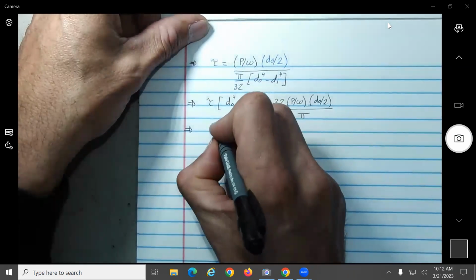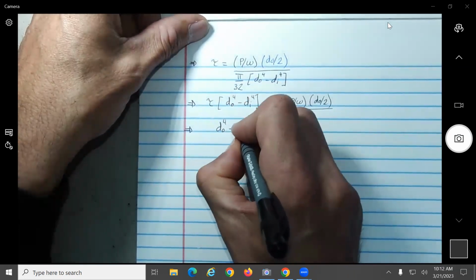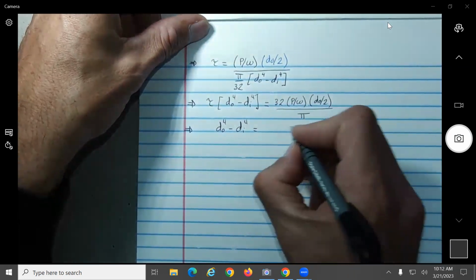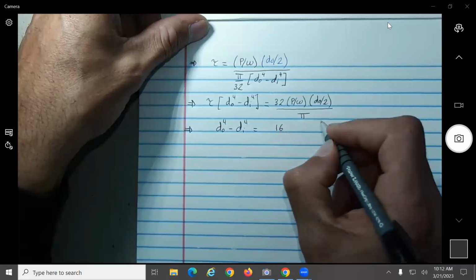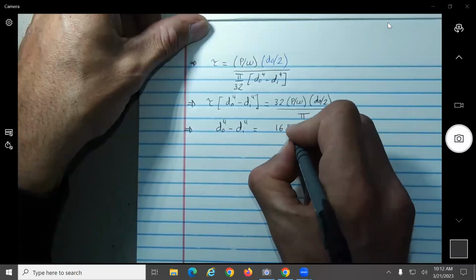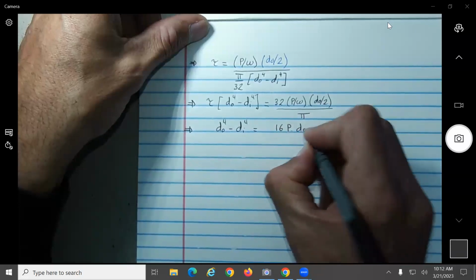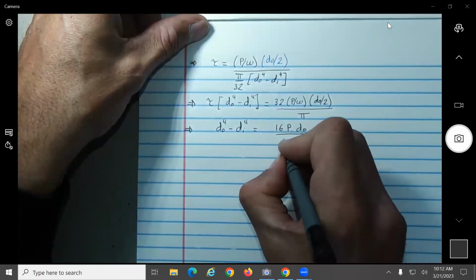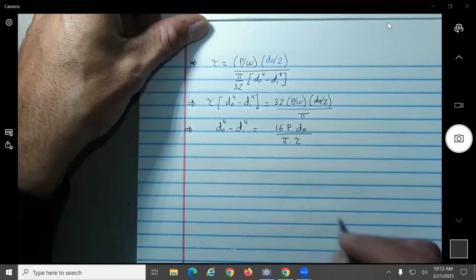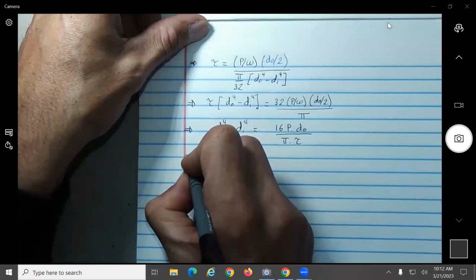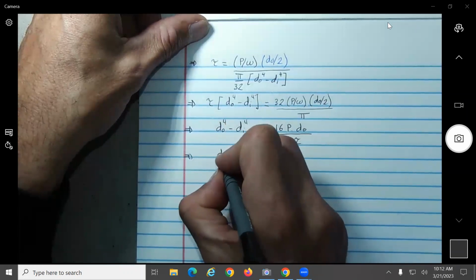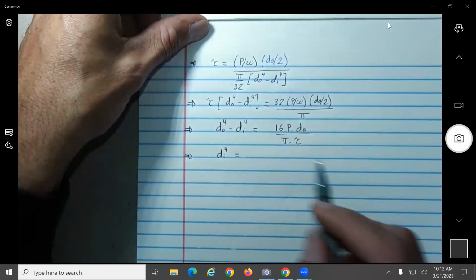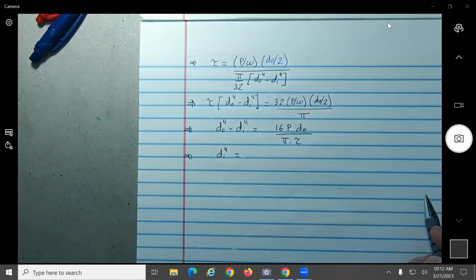Okay. I'm not going to go too fast, so it will give you outside to the power 4 minus inside to the power 4 should be equal to what? 16 P D outside divided by pi divided by the shear, so that finally we can find the inside diameter to the power 4. Omega.